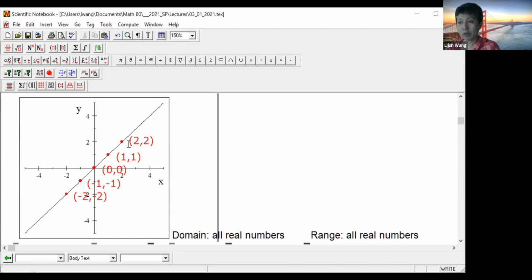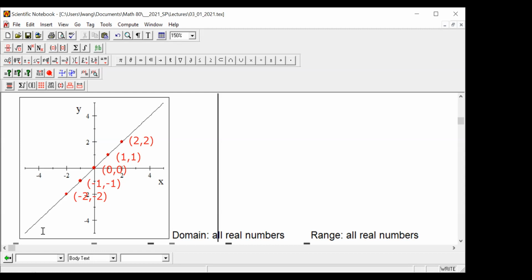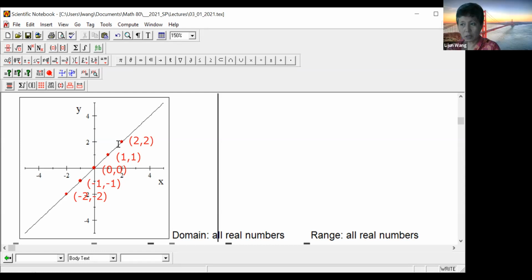By the way, before we move on, when I ask you to graph, you must mark the points. You guys follow me? I will tell you how many points you need to mark, but you need to mark the points like this.